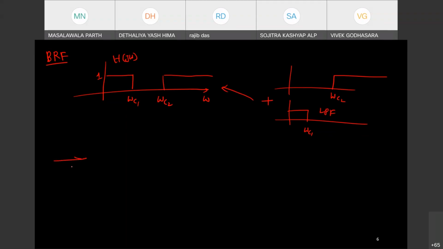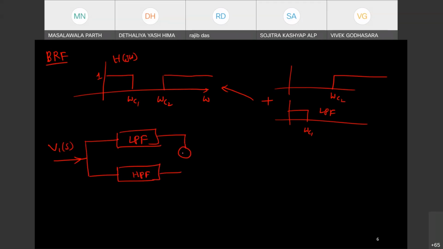So this is the input, V in of s. I should use a low pass filter here, and I should use a high pass filter here, and then we just combine these two.